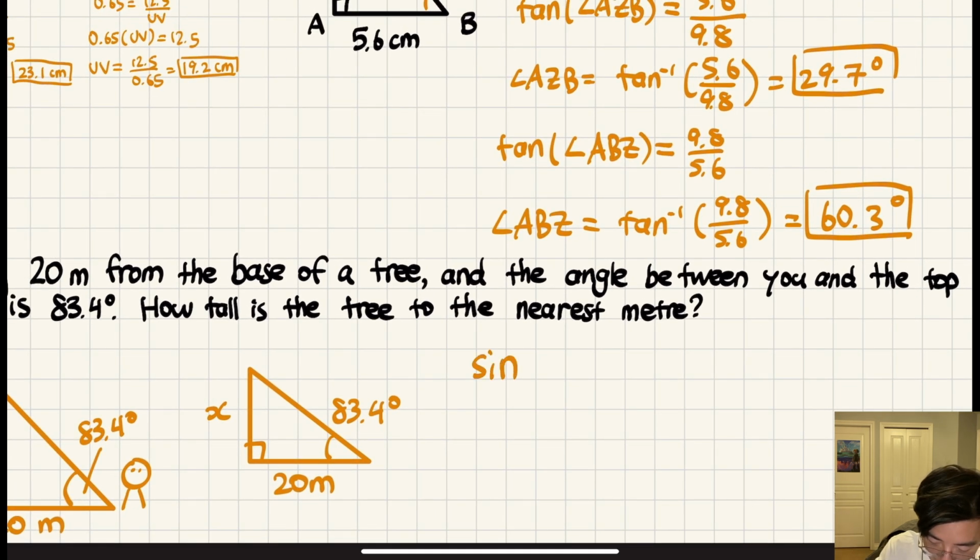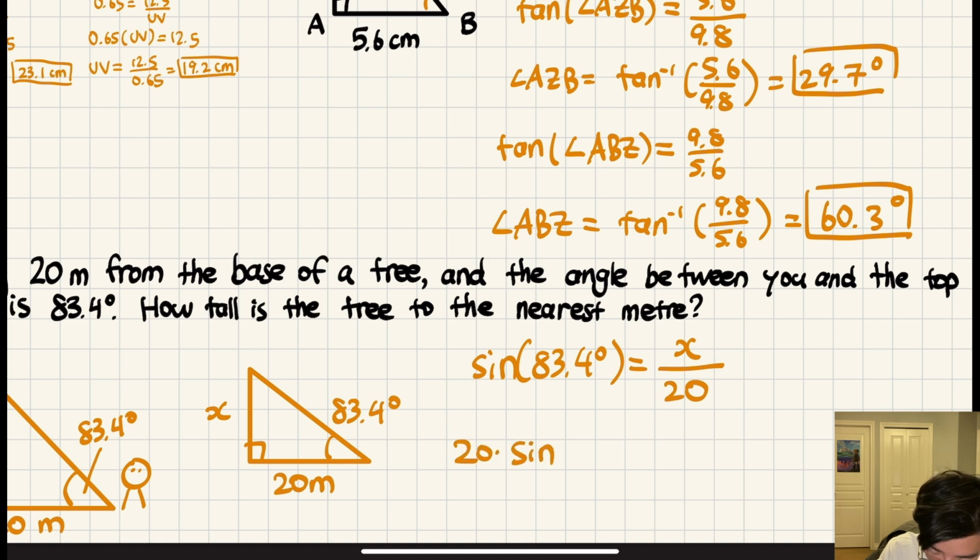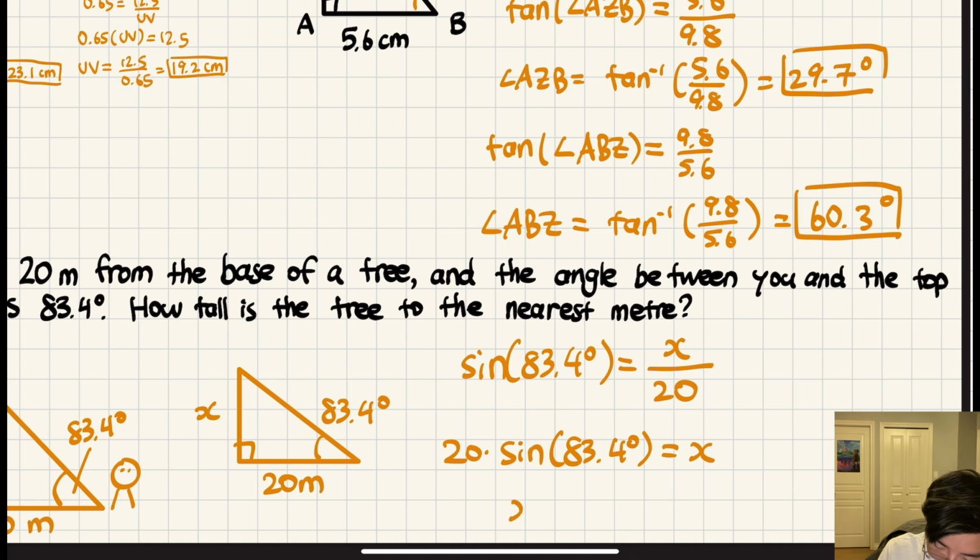So sine of 83.4 degrees is the opposite, which is x, over the adjacent, which is 20. And to isolate x, we just multiply both sides by 20. So it's just 20 times sine equals x. And x will then equal 20 meters also, because we are rounding to the nearest meter.